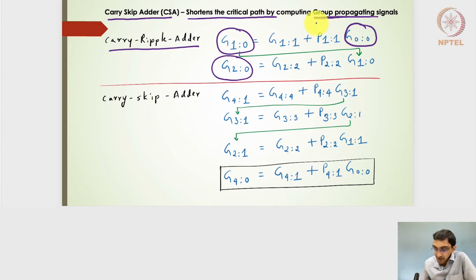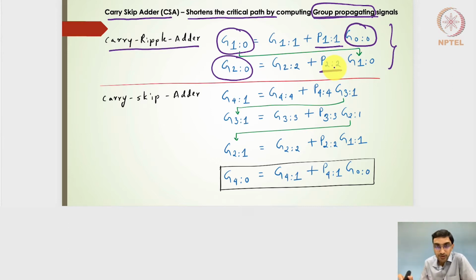Here we'll try to shorten the critical path by utilizing the group propagate signals. In the carry ripple addition, we have not actually utilized the group propagating signals. The propagate part was still a bitwise propagate signal. Here we'll try to utilize the group propagating signals to shorten the critical path.